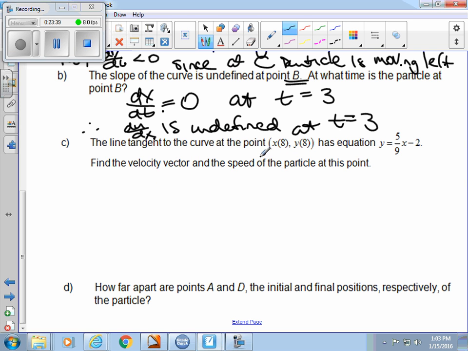The tangent line to the curve at time 8 has this equation. Find the velocity vector and the speed of the particle at this point. I could easily find dx dt, right? That's it. In fact, I just have to plug in 8. I've got it. Everyone agree with that?